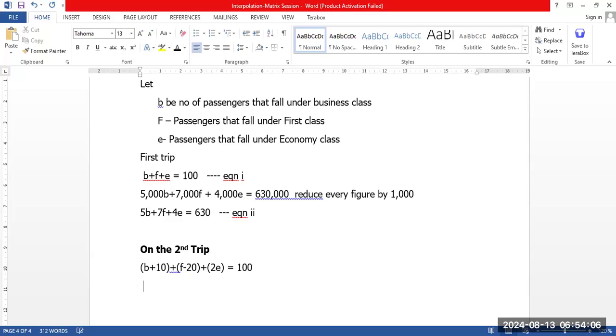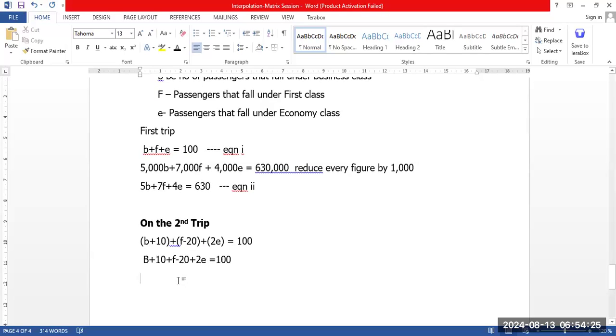So if you open brackets, this will be B plus 10 plus F minus 20, then plus 2E is equal to 100. If you collect like terms, this will be B plus F plus 2E plus 10 minus 20, which will be 100.